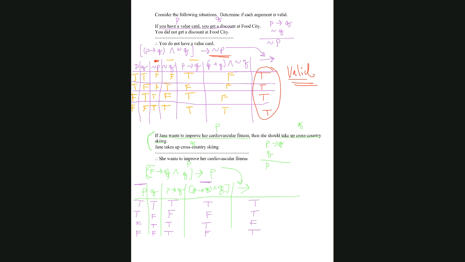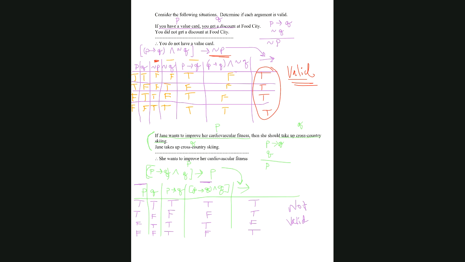So I would say that this is not valid. And that makes sense if you think about it. If Jane wants to improve her cardiovascular fitness, then she should take up cross-country skiing. And then we hear later that Jane takes up cross-country skiing.